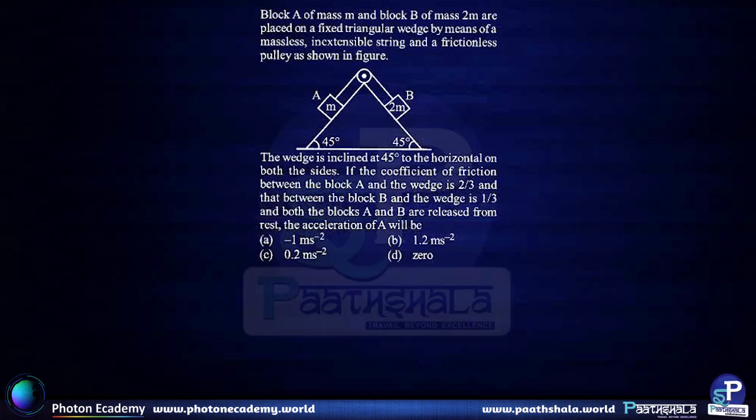With these concepts in mind, we can write the governing equations for the motions of blocks A and B as follows. The net force acting on block A is ma, in the uphill direction.